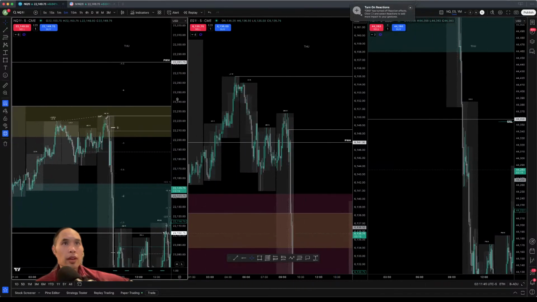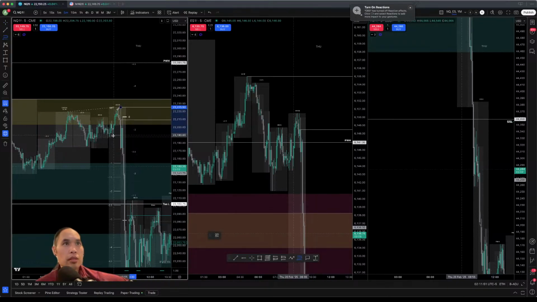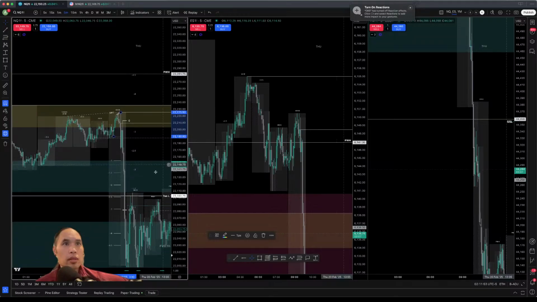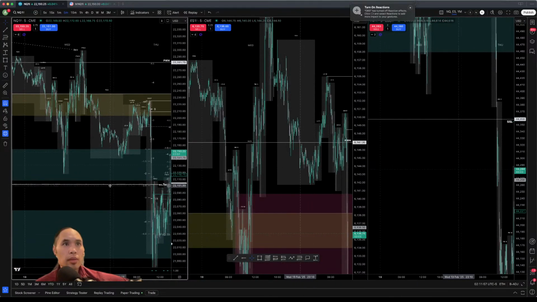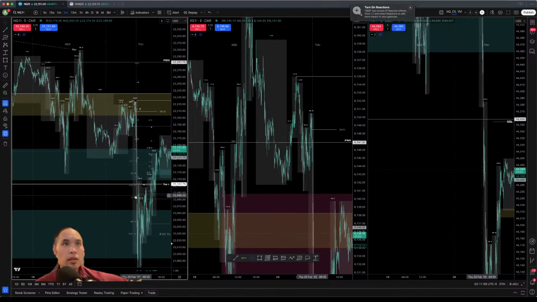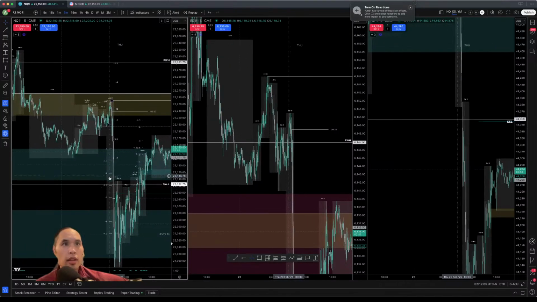Just looking at the standard deviations, I didn't measure it out. I should have. Let's measure it out from this high to this low. This was Tuesday's low, a good liquidity point there. This is yesterday's low.